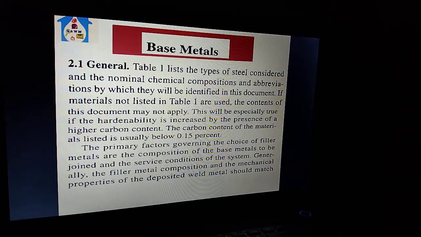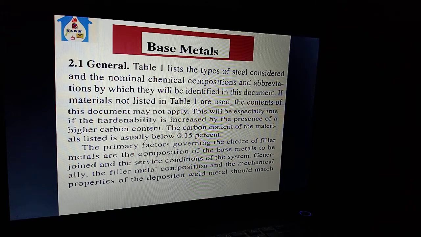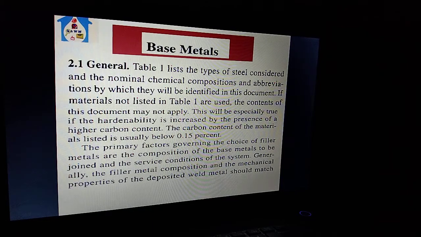General. Table 1 lists the types of steel considered, the nominal chemical composition, and the abbreviation by which they will be identified in this document. If materials not listed in Table 1 are used, the contents of this document may not apply.